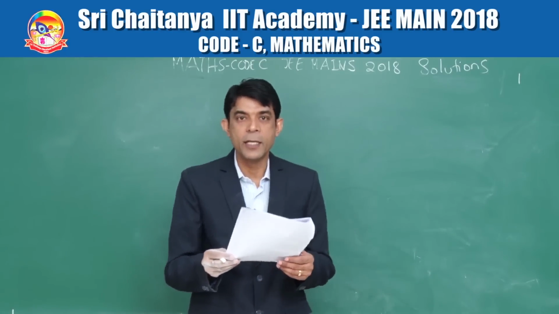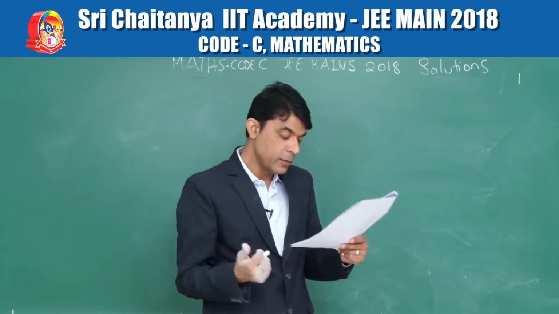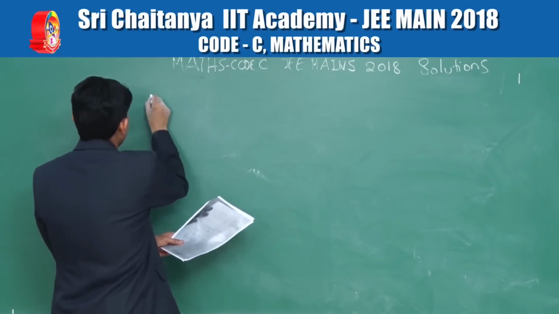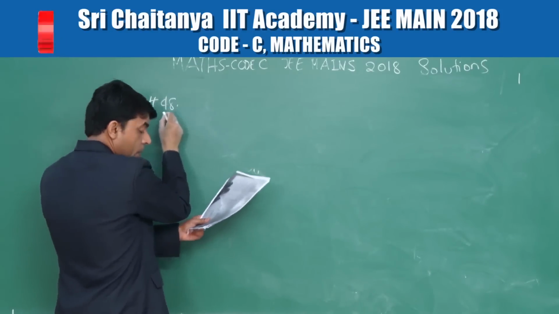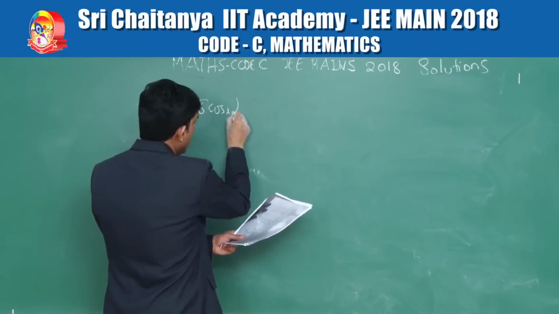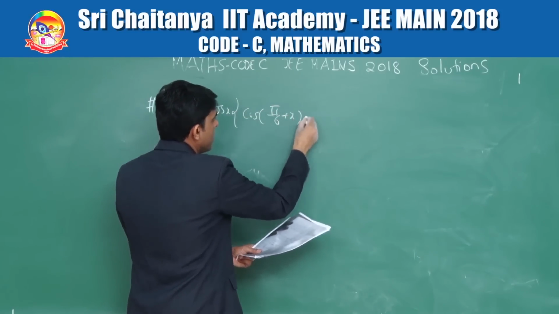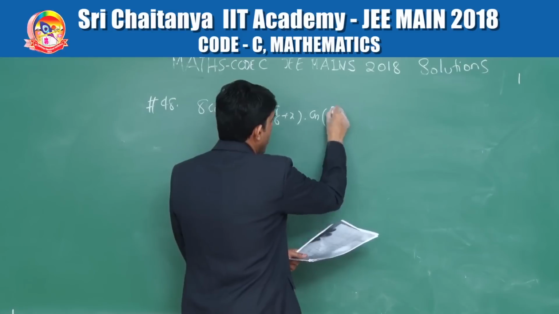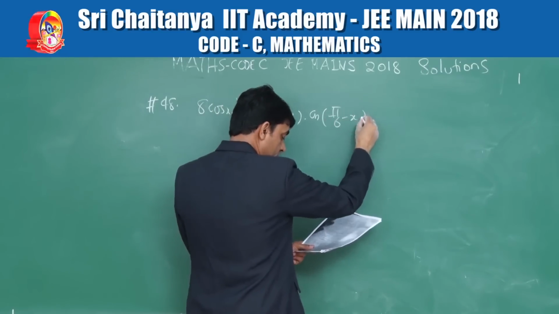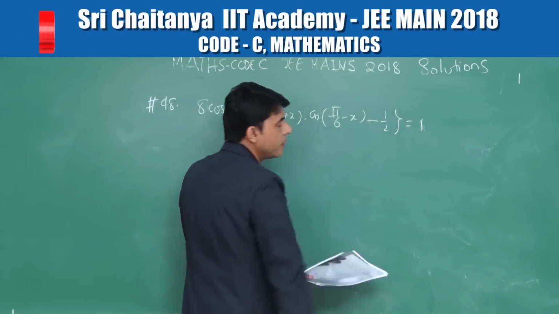Number 48, it's a trig equation, and you have to find the sum of all solutions. The problem reads: 8 cos x times cos of pi over 6 plus x times cos of pi over 6 minus x minus half, and that equals 1.